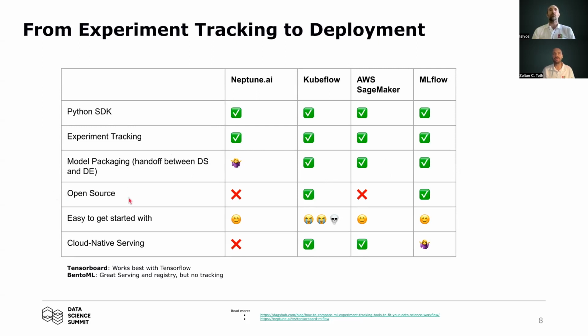We wanted to see an open source solution and use an open source solution. So at the end of the day, we didn't care too much about Neptune AI and SageMaker because they have the risk of lock-in. And then again, the developer experience, how easy it is to get started, is of course trivial with the managed solutions.